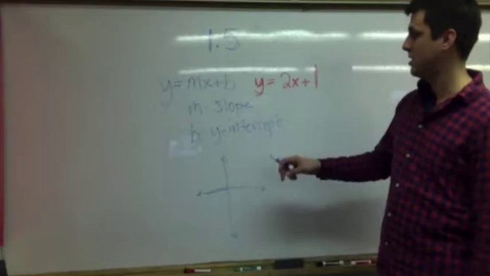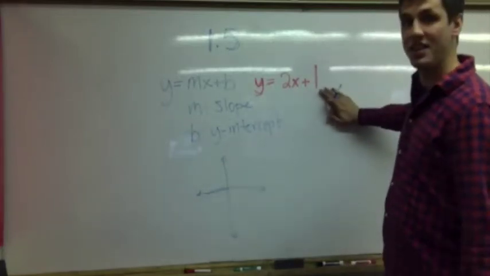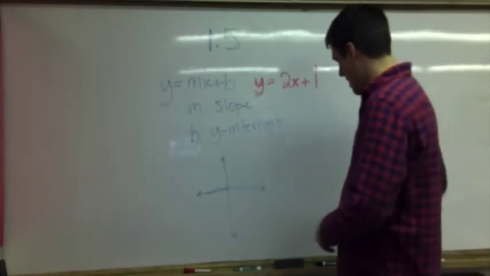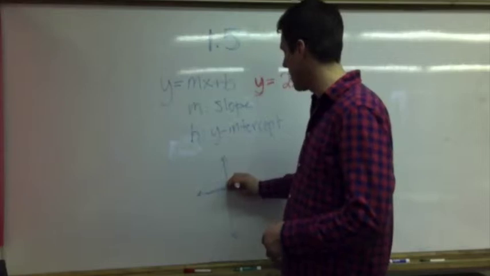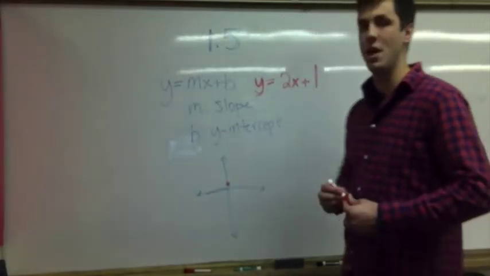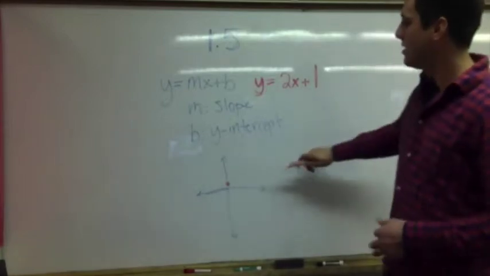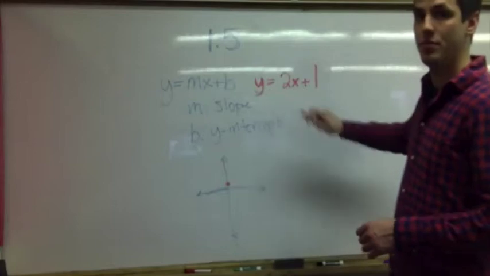So if the y-intercept is b, and b is 1 in this example, then you would put a point on the y-axis at 1. There is your y-intercept, and there is the way to find one point on the graph by using your equation.